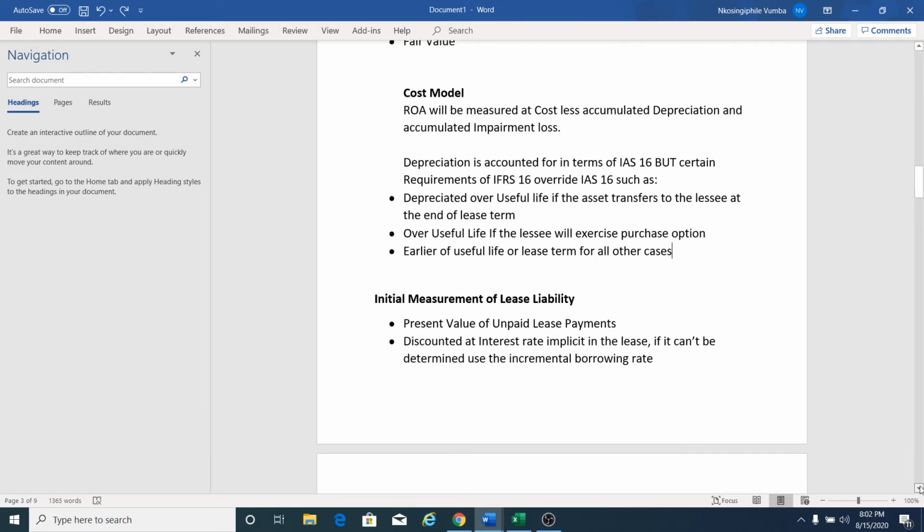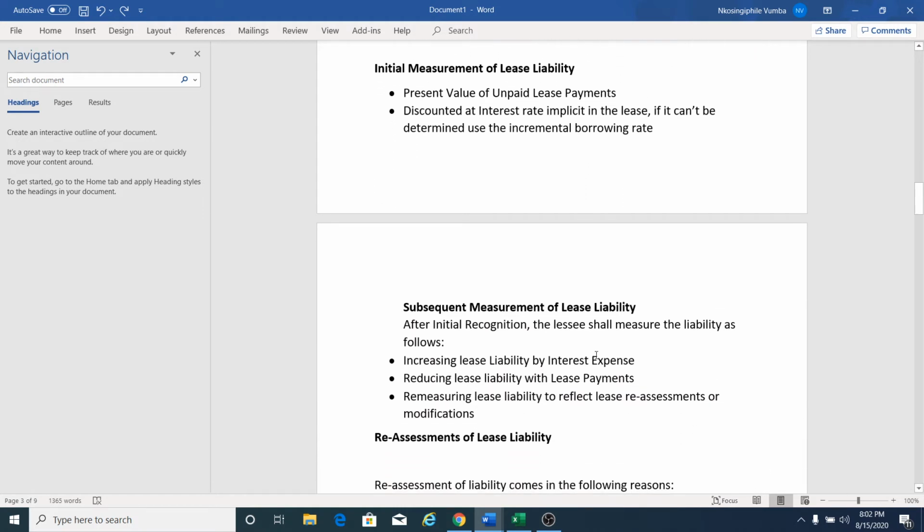So let's talk about the initial measurement of the lease liability now. It is the present value of unpaid lease payments, okay. So if a payment has been paid already, it's not part of a lease liability, we all know that.